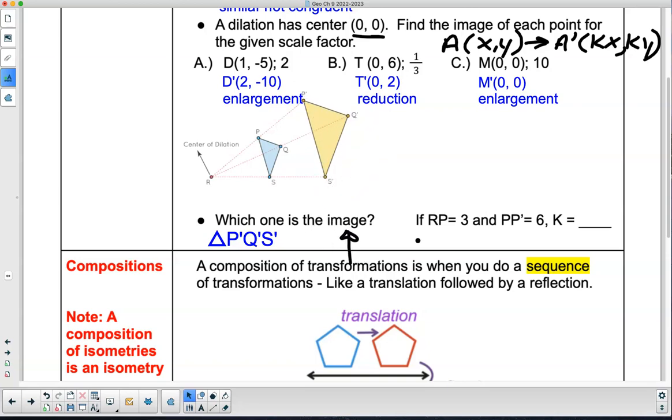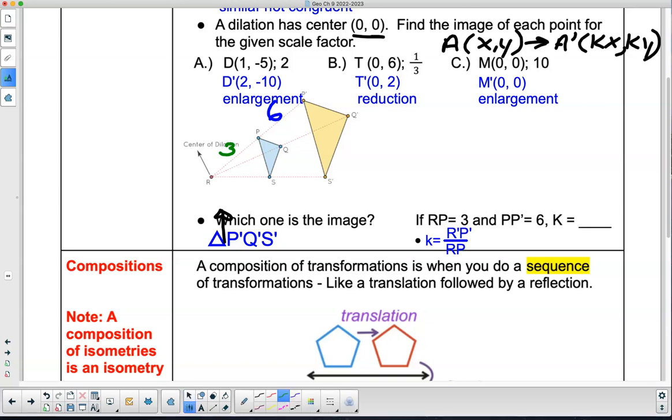So now, if RP is 3 and PP prime is 6, we've got to be careful here because of the setup going this way. I've got k equal to R prime P prime over RP.